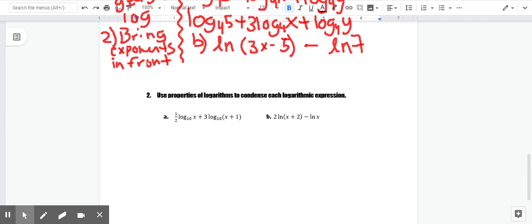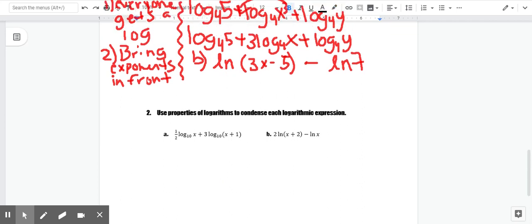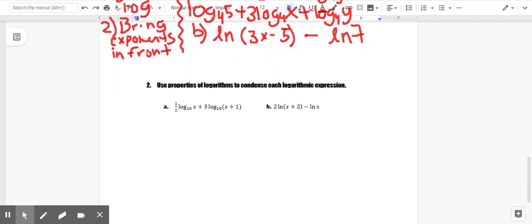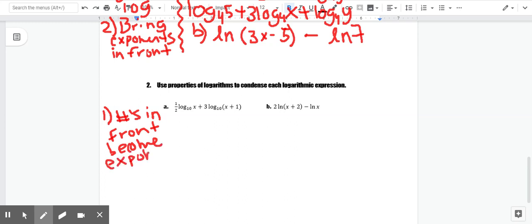Now condensing or making it smaller, turning it into one log is going the opposite way. So we are now going to do these steps in reverse order. So first we're going to bring the numbers in front to be exponents. So numbers in front become exponents.